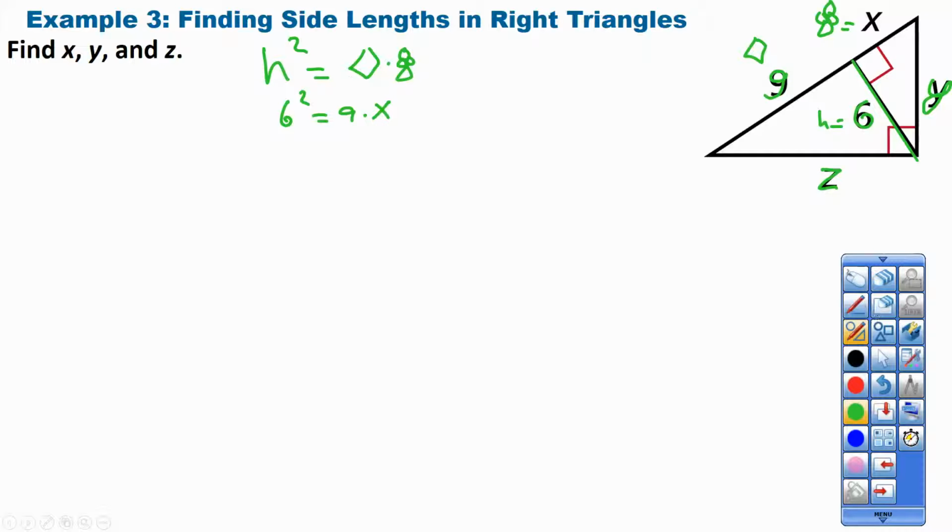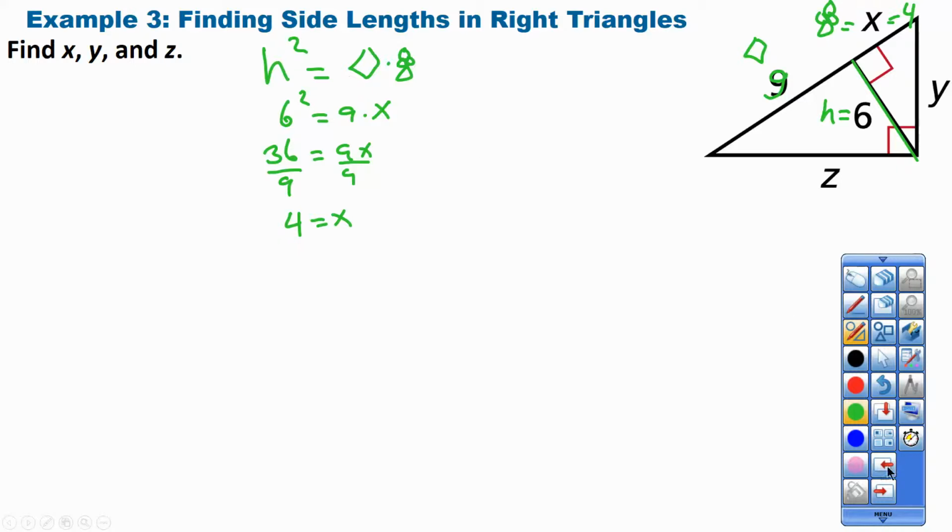So you get that all taken care of. So this is h. And we go ahead and do this. 36 is equal to 9x. Divide by 9, divide by 9. And that gives us 4 is equal to x. So we can plug that in right over here. So that's equal to 4.